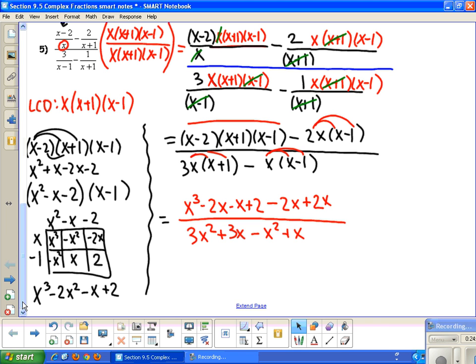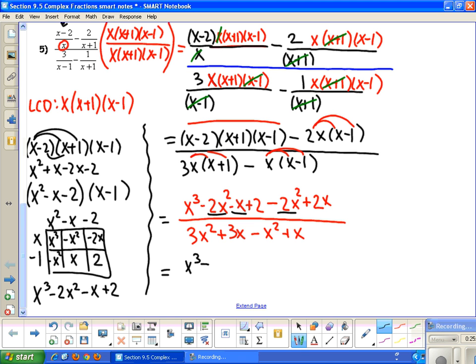And now I just need to combine terms. So here, there's no other terms that go with x cubed. And then we have negative 2x squared, negative x squared, negative 2x squared. So that gives me minus 4, and that should have been, I think, squared. I forgot the squared there, so that's my fault. Because this was squared right here, I just didn't write it in. Sorry about that. So make sure you put that in.